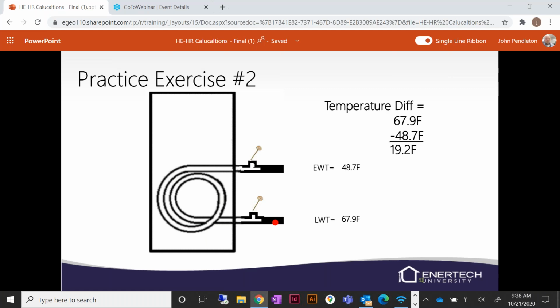So we're picking up heat from the home in the refrigerant and carrying it back outside, and more than likely dumping this water, but we're rejecting that heat outside. So we've got 19.2 degree temperature difference.